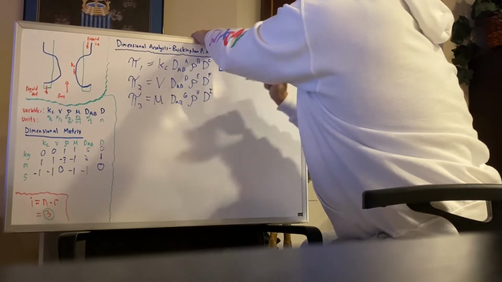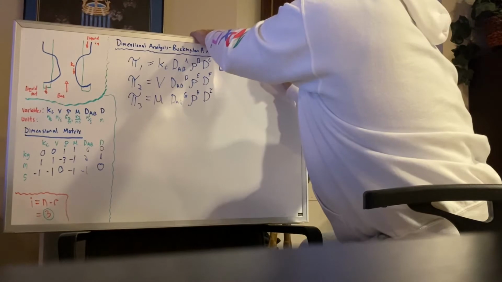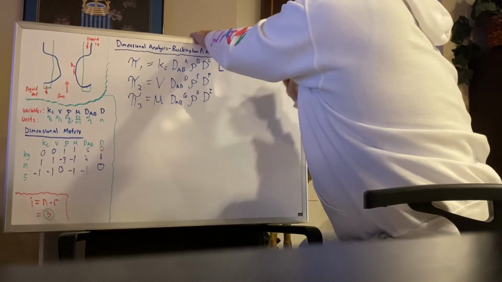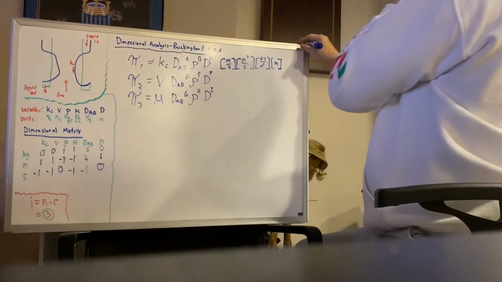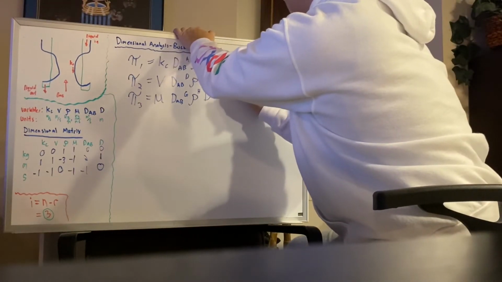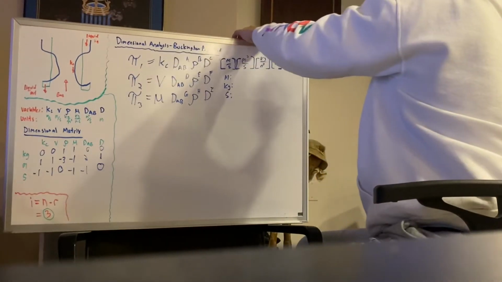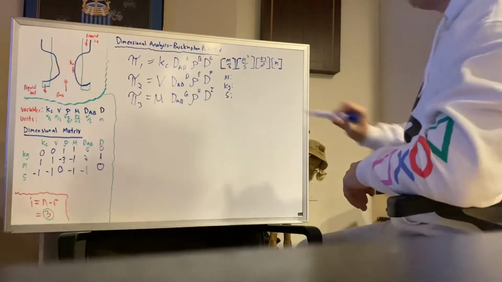We have the density of it, which is kilograms per meter cubed. And we have the diameter, which is just meters. And so by looking at this, we're going to be once again doing an analysis by the meters, kilograms, and the seconds to find out what A, B, and C should be equal to for this equation.